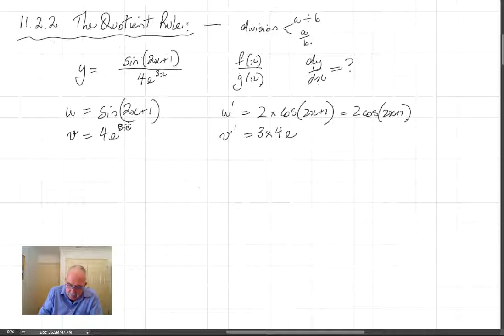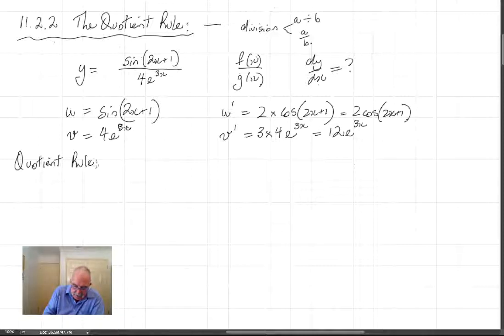Now the derivative of e to something is just e to something, so that'll be just e to the 3x. So we diffed in, diffed out, and 3 times 4 is 12e to the 3x. That's v dash.